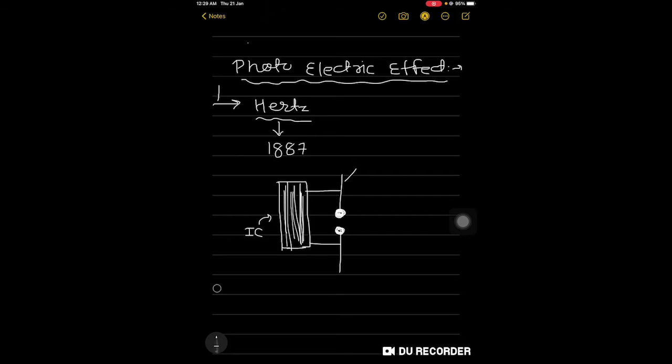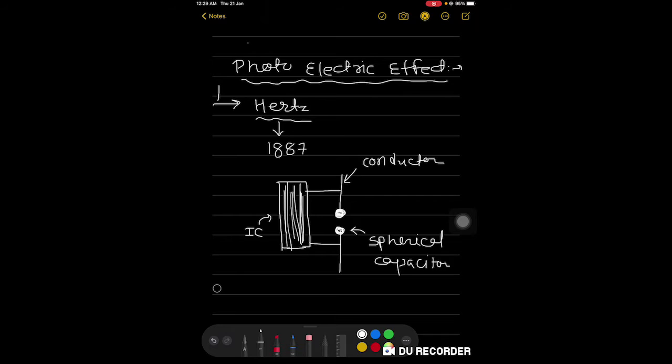This rod is a conductor that is providing the space for oscillation, and these spheres are working as a spherical capacitor. So here one LCR arrangement was made.